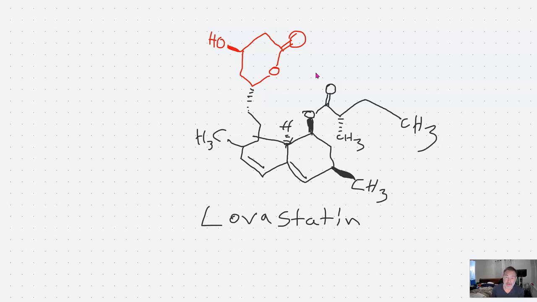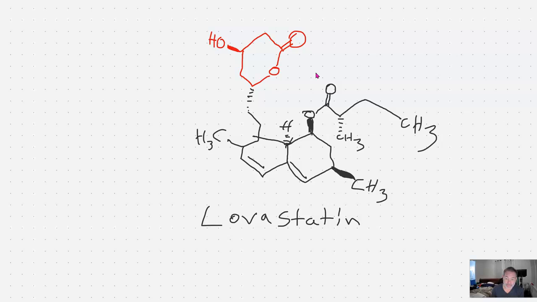Especially bad coming out of the aorta and the descending arteries into the heart, because that cuts off oxygen supply to the heart, which can then cause ischemia and ultimately a heart attack. So statins are a class of drugs that are meant to prevent the buildup of plaque in the arteries.